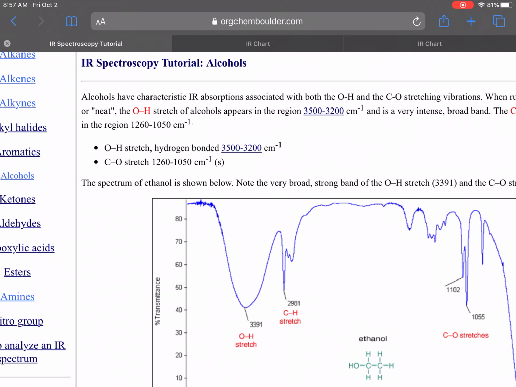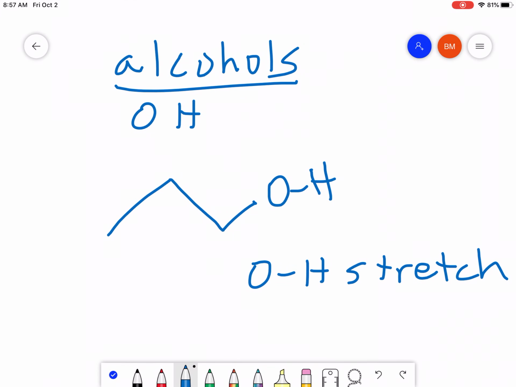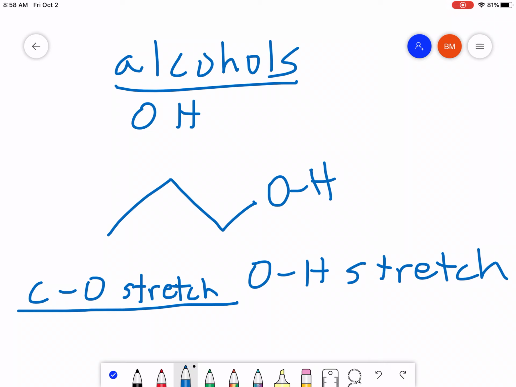Also something to note here, there's another type of signal that honestly really isn't that important in identifying alcohols because the OH makes it so easy, but will be important later on. We also have the CO stretch, the C single bond O stretch. This is noteworthy because this is one of the only signals that appears in the fingerprint region that we utilize.